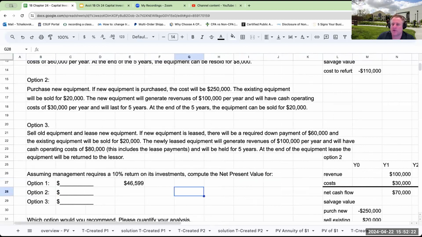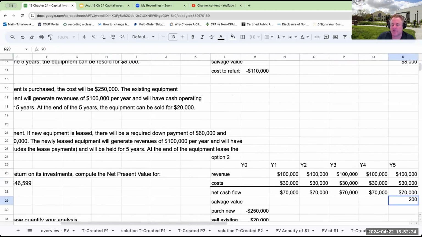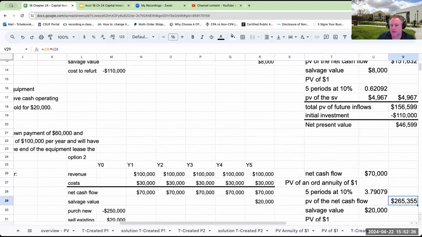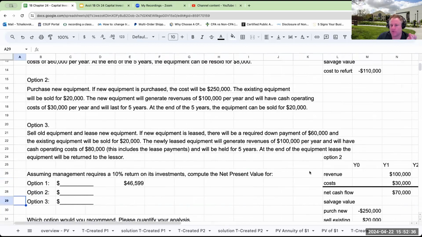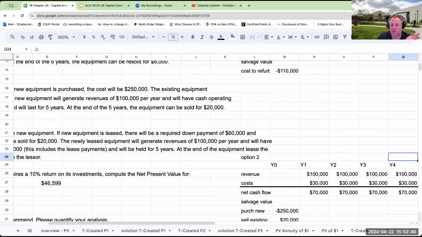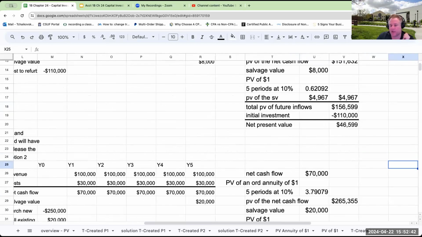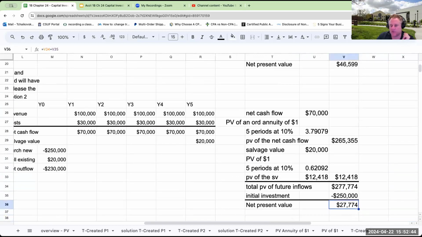Now the equipment can be sold for 20,000 at the end of the 5 years. So my net cash flow is now going to be 70,000 per year. My salvage value from option 2 is 20,000. I'll be able to sell it for 20 grand at the end of the 5 years.